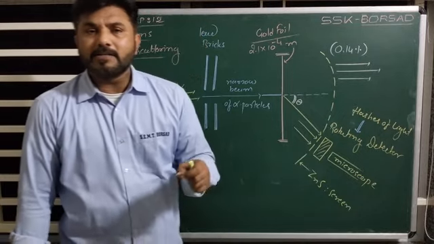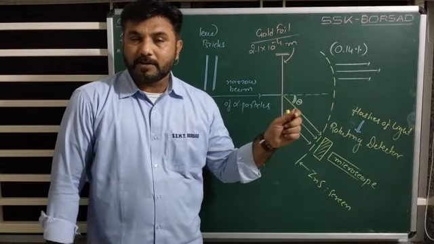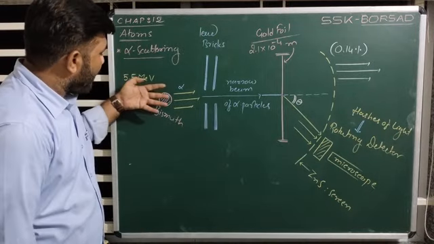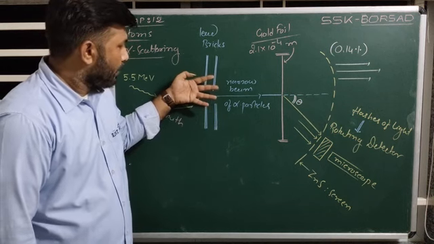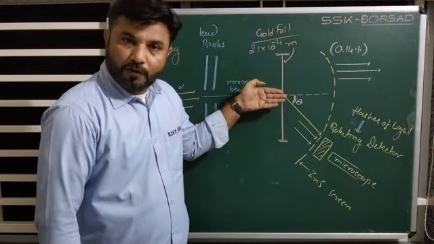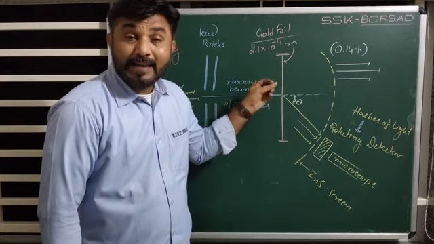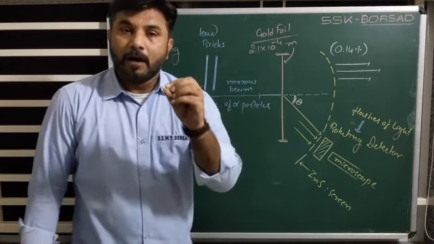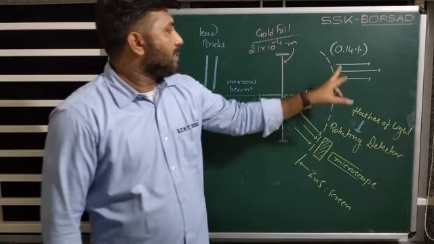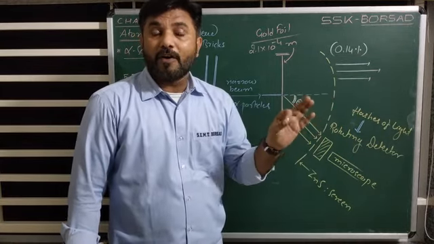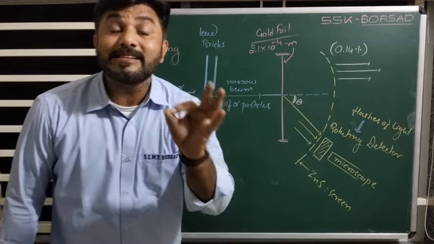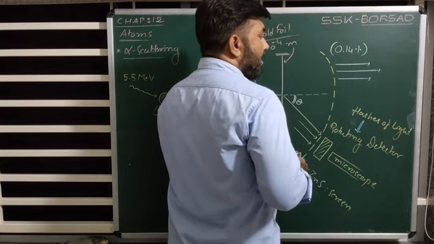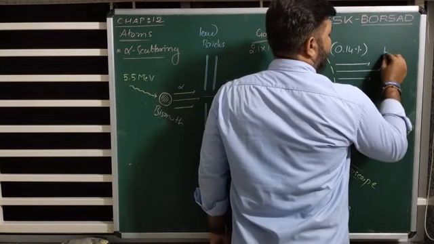Scattering of alpha particles is only 0.14%, what does it mean? Suppose alpha particles are emitted and get incident on that gold foil. Only 0.14% of alpha particles have less scattering. So here scattering is less.